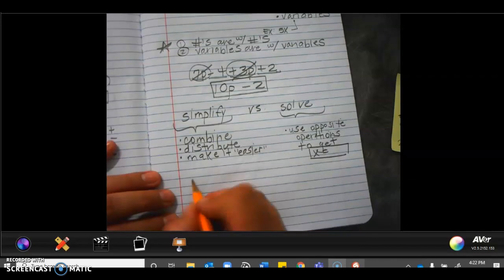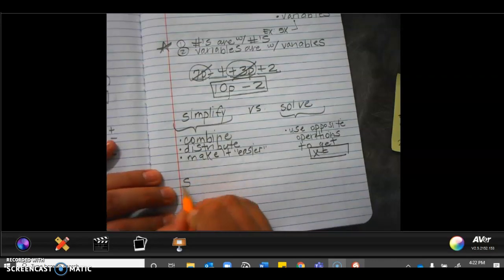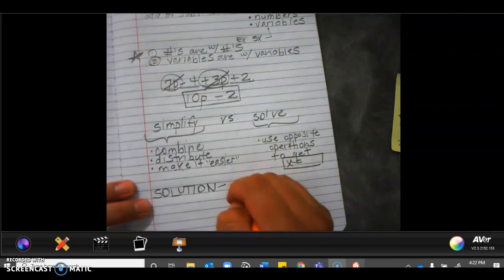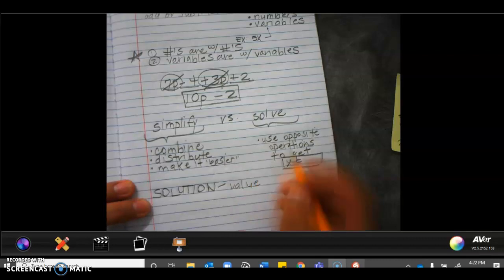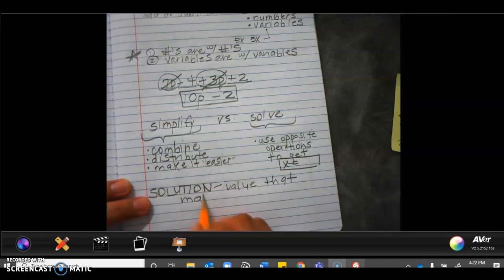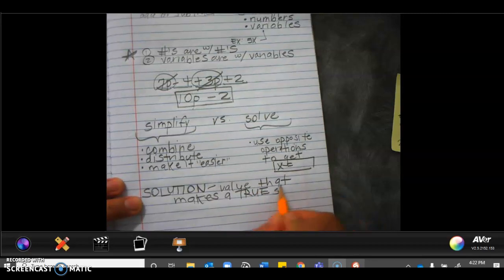When you see the word solution, and we may or may not see it already, a solution is the value that makes a true statement. For example, I'm just going to give you a real basic one.